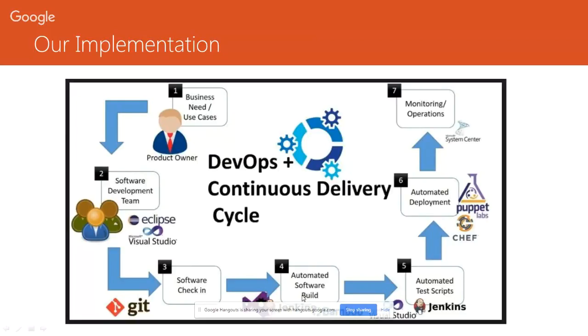After the code is checked in, the code gets checked out and built. We run automation scripts on top of it. All this is managed by Jenkins. And once the tests are complete, if the quality gate has been approved, the application gets deployed by using tools like Puppet and Chef.